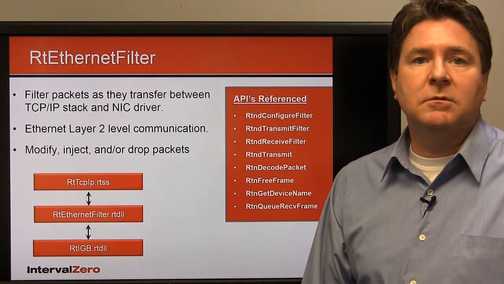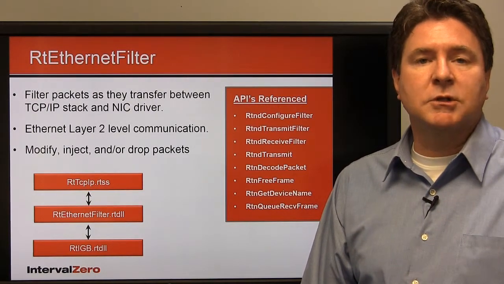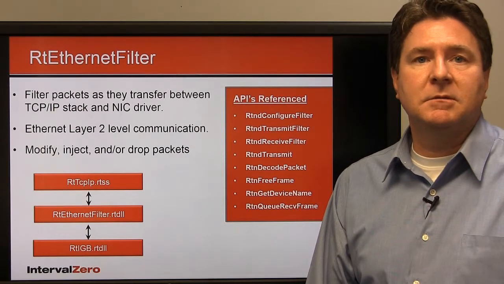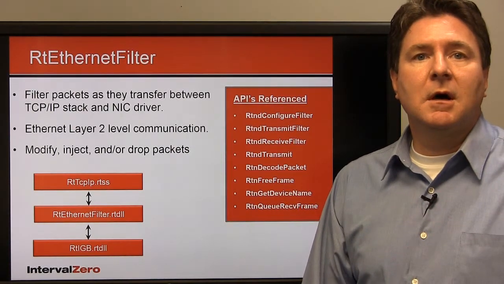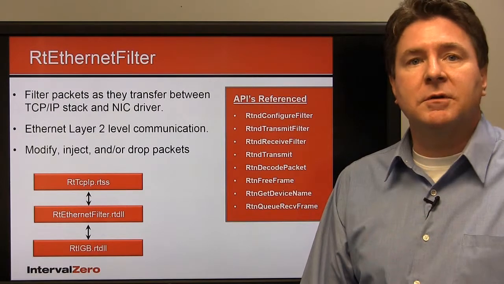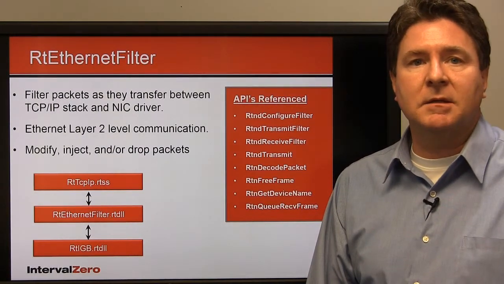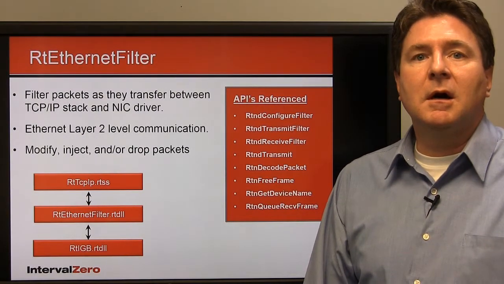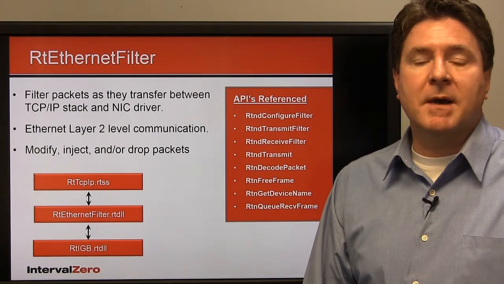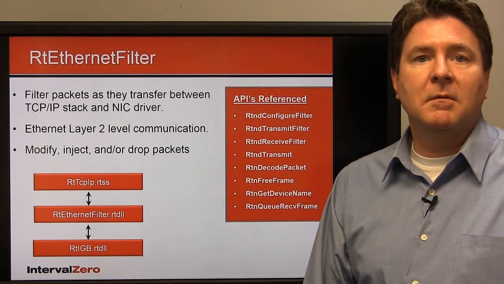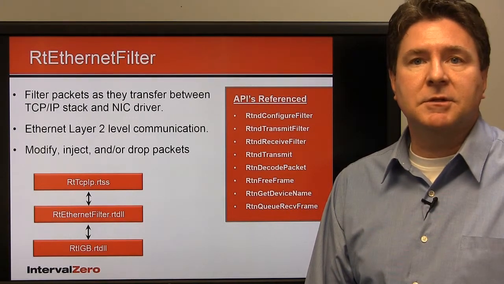So in this way, the sample gets called when there's a packet transmitted or received, and we get a pointer to the frame, and we can inspect the packet, we can modify the packet, we can also inject packets or drop packets, both in the transmit and receive direction.